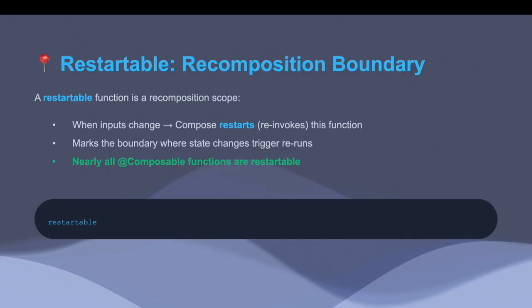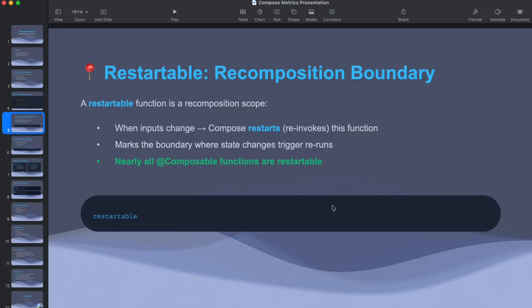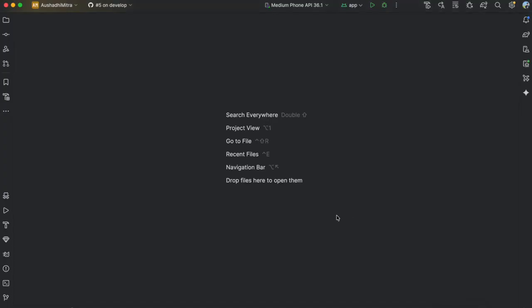So before going deeper into the detailed explanation and theory, let's go and see the code. So this is some pet project that I have created, and this project has a lot of code, right? A lot of composable functions and all. This is going to be a good project to give an example for these composable metrics.